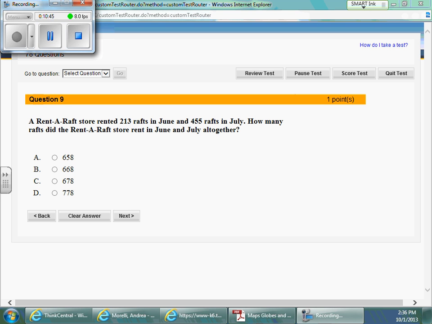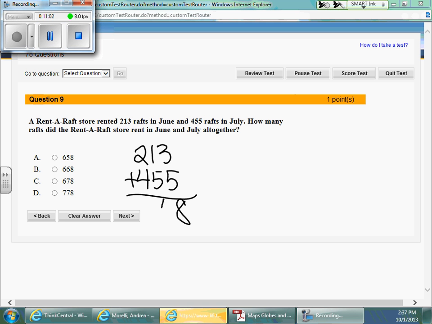Joanna? All together tells us to do what operation, Joanna? Addition, correct. So we're going to add the 213 rafts from June and the 455 rafts in July together. 668 rafts, choice B.